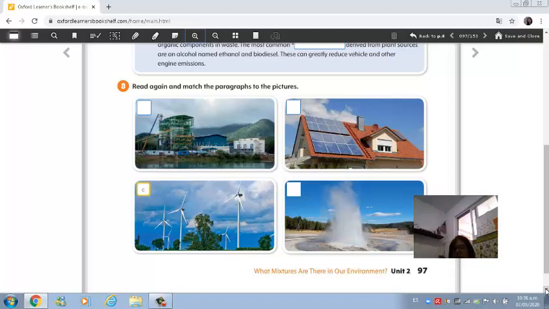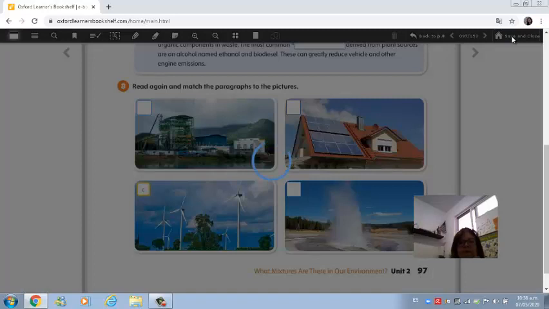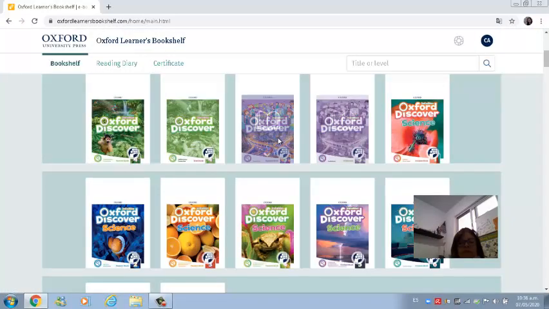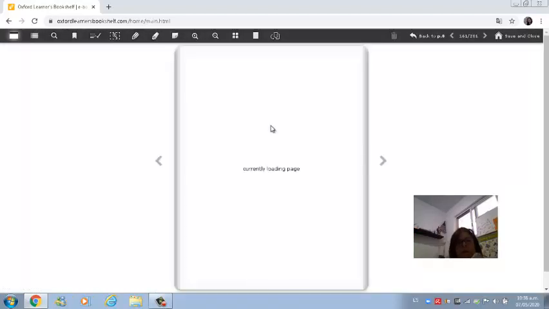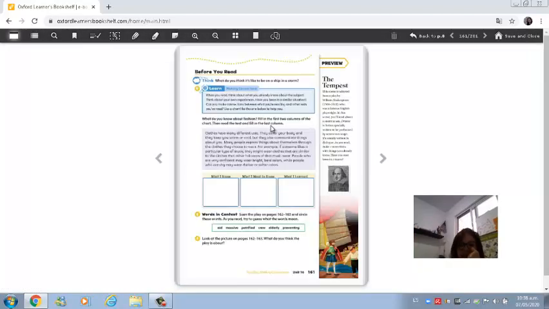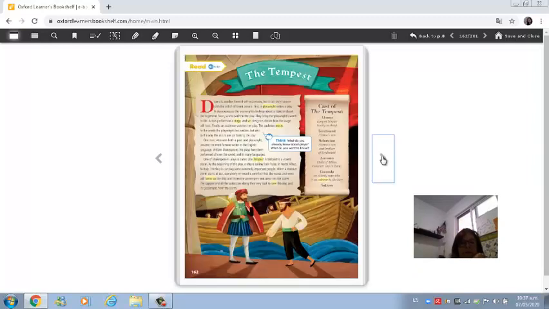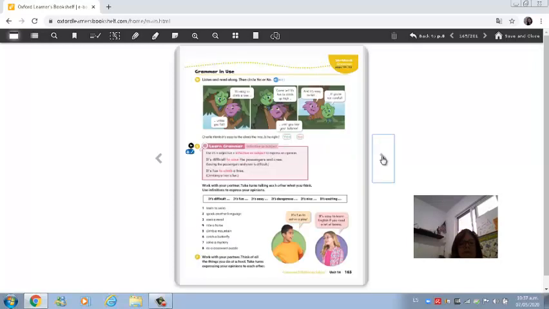When you finish, put your science book away and take out your student book. Page 165. There you go.